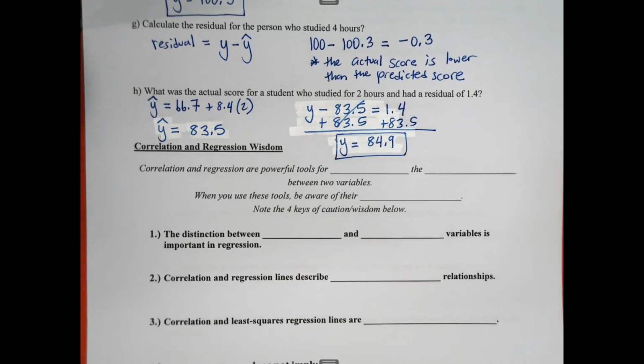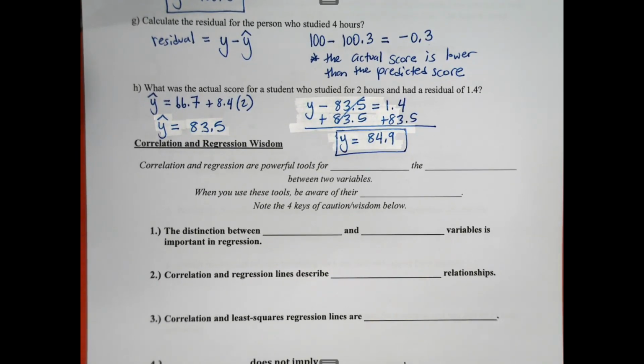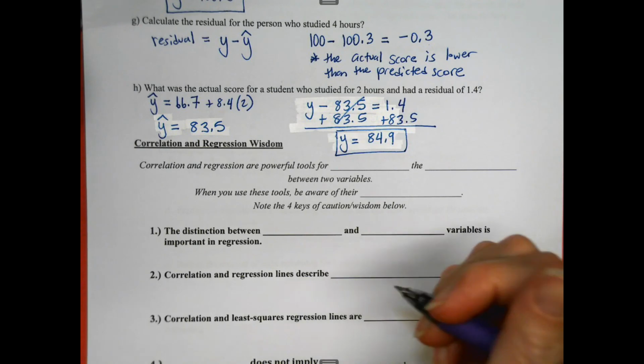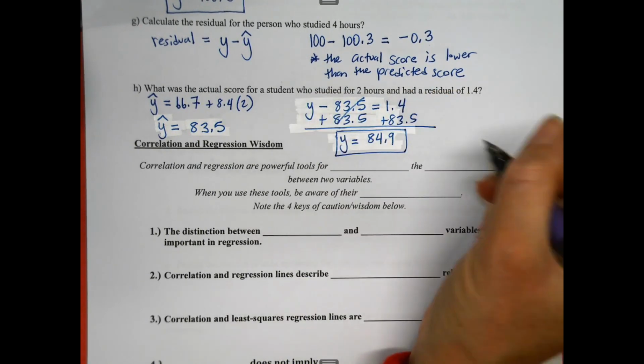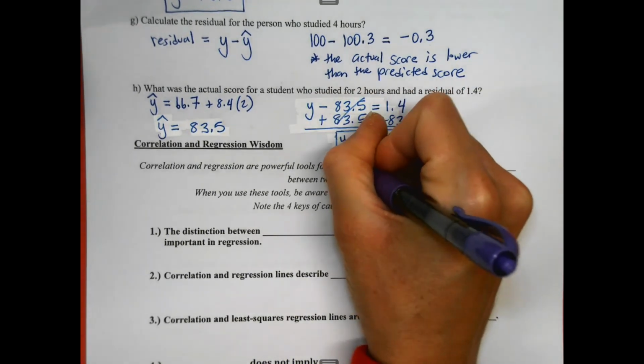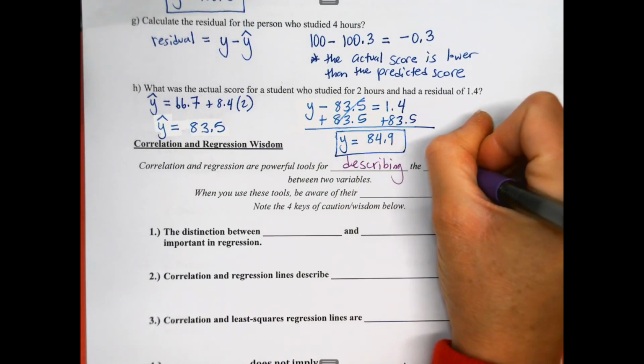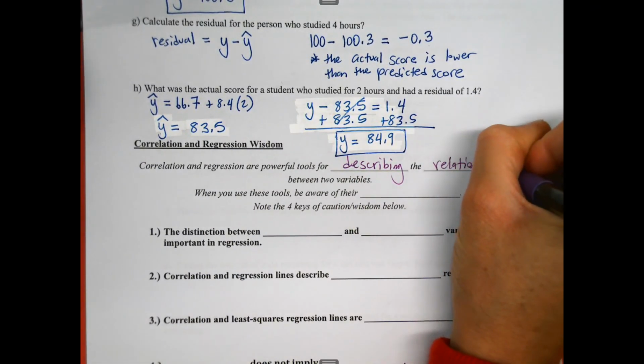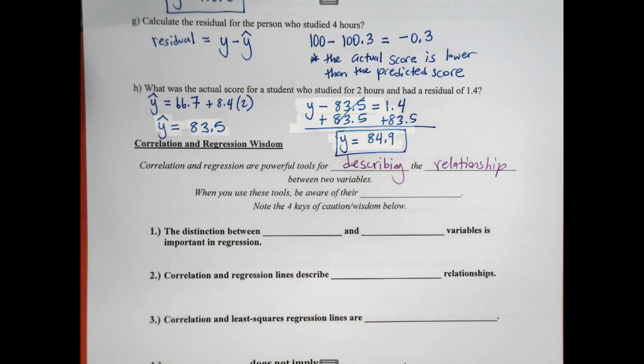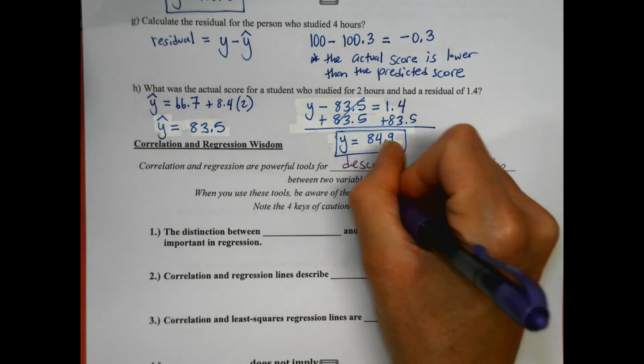Some correlation and regression wisdom. Correlation and regression are powerful tools for describing the relationship between two variables. When you use these tools, be aware of their limitations.